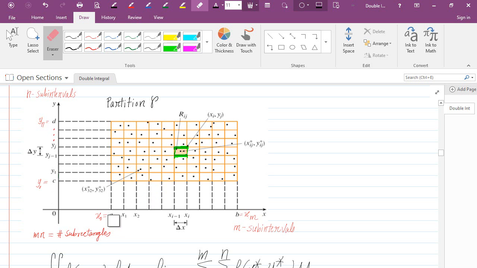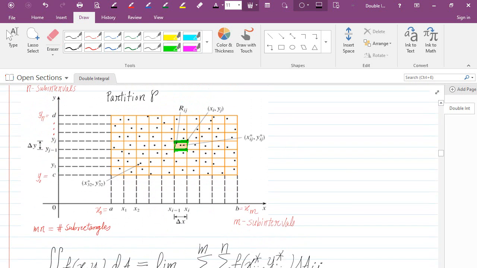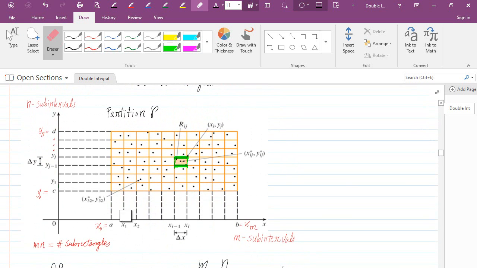To define the double integral of a function f over this rectangle, we are going to divide this rectangle into m vertical strips and n horizontal strips here, and then as a result of that we get m times n subrectangles.